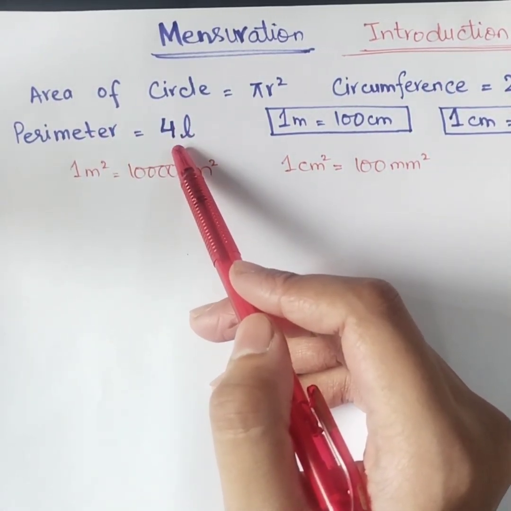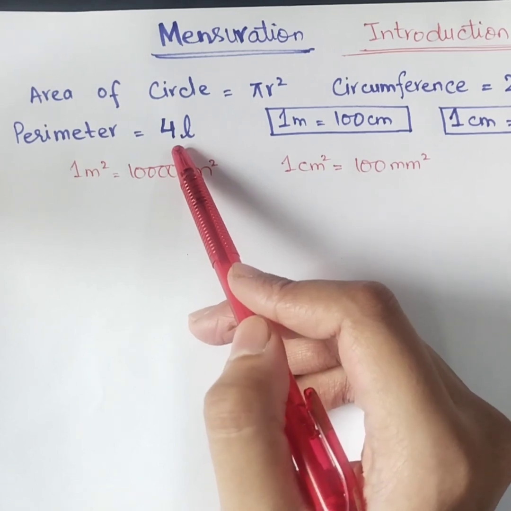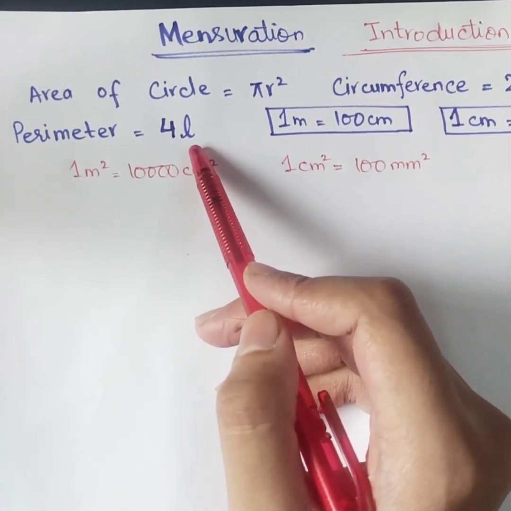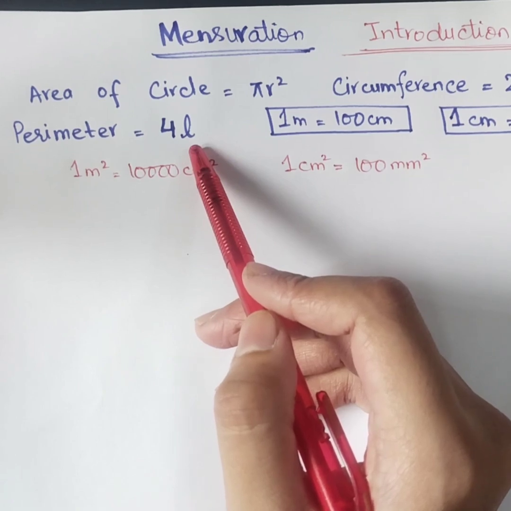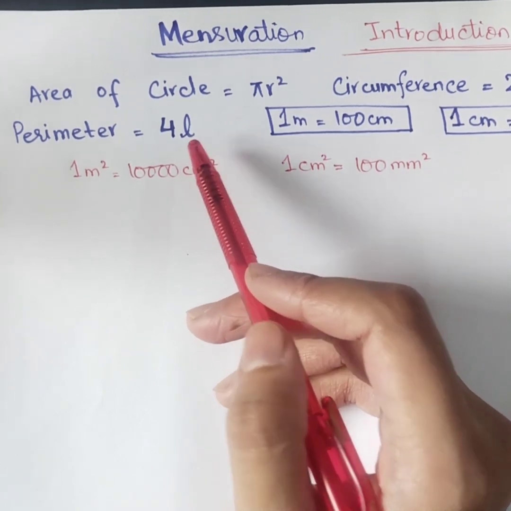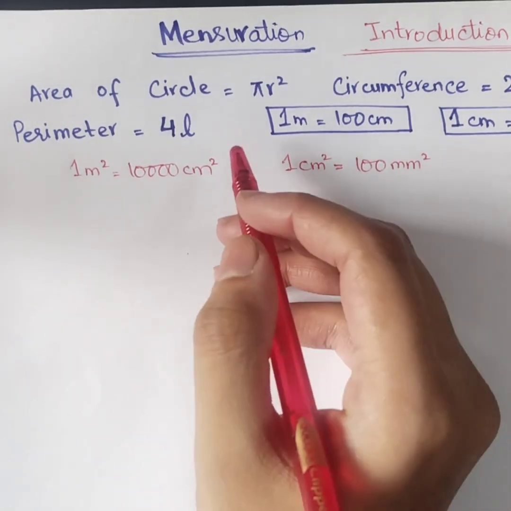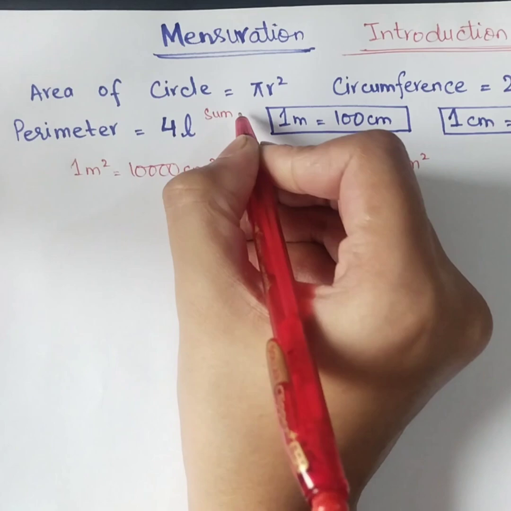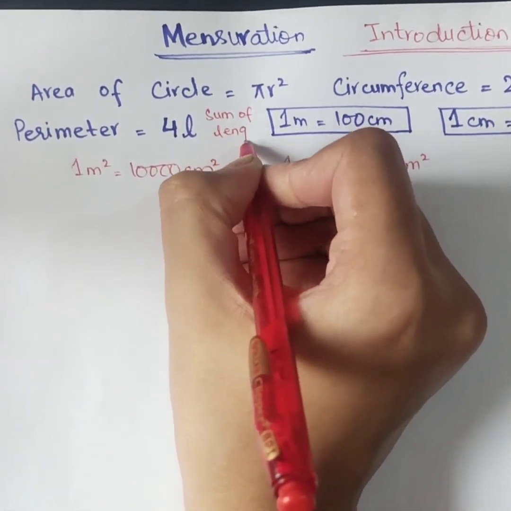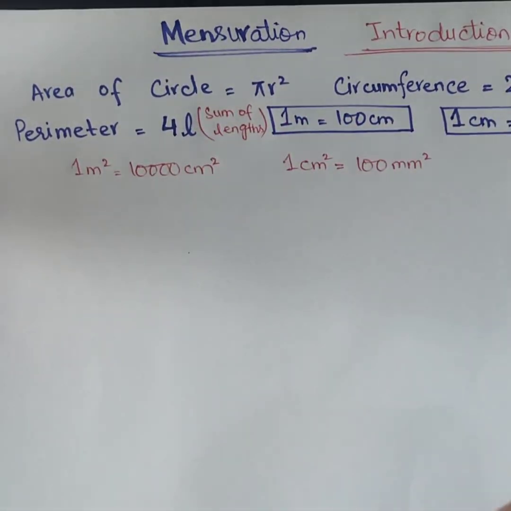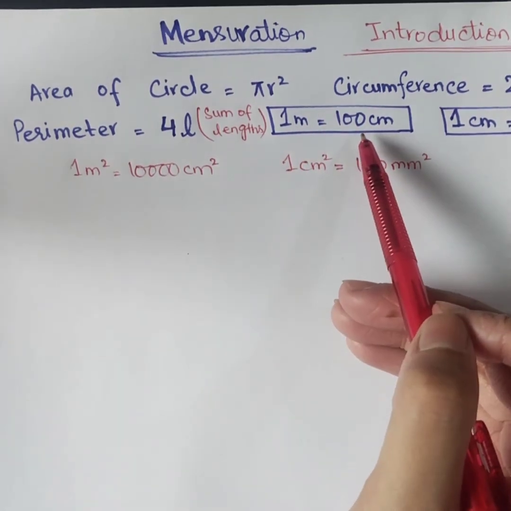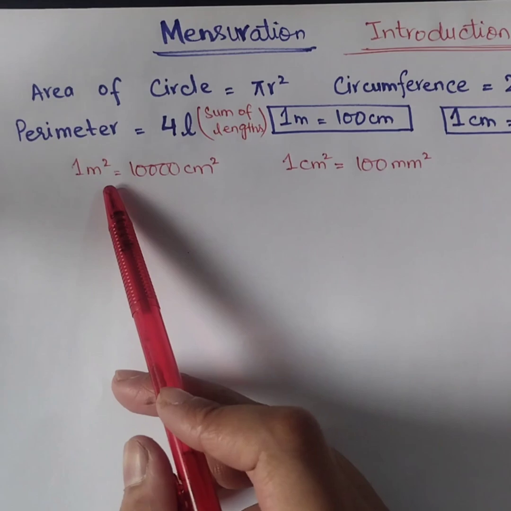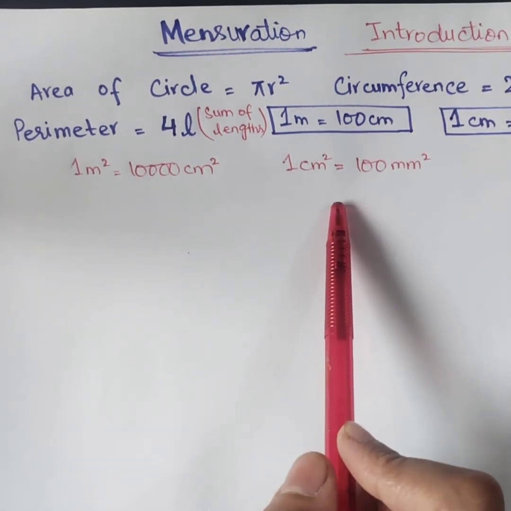If it is a quadrilateral, it has 4 sides, and if it has equal lengths, you can simply multiply 4 into L. Otherwise, you can write perimeter is equal to the sum of lengths. 1 meter is equal to 100 centimeter, 1 centimeter is equal to 10 millimeter, and in squares they become equal to this and that.